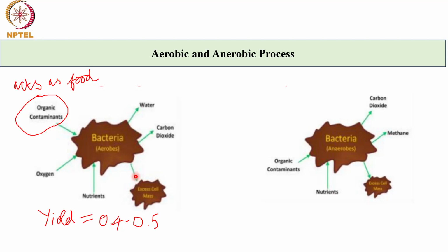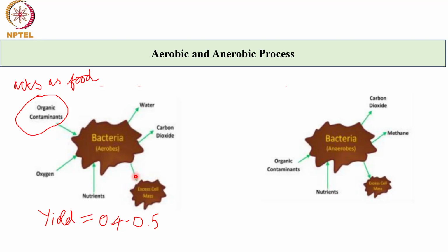So if we give some amount of substrate, that is organic contaminant, to the bacteria, how much cells it can produce, that is called yield. For example, if we give 10 kg of substrate, it can produce 4 to 5 kg of bacteria.